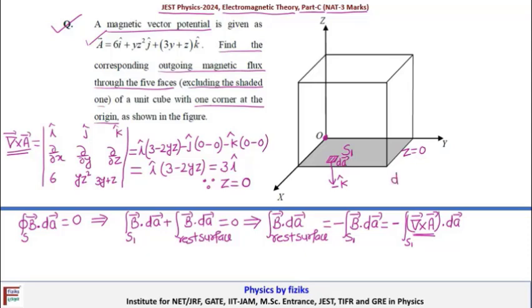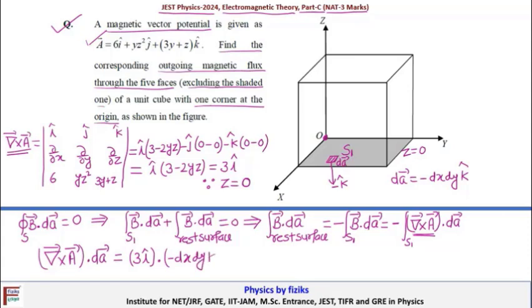So dA we can write as minus dx dy k cap, and then we will get del cross A dot dA at z equal to 0 surface, 3 i cap dot minus dx dy k cap, and this will be 0.